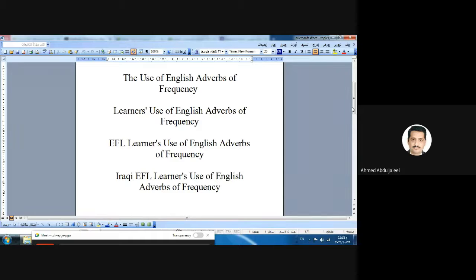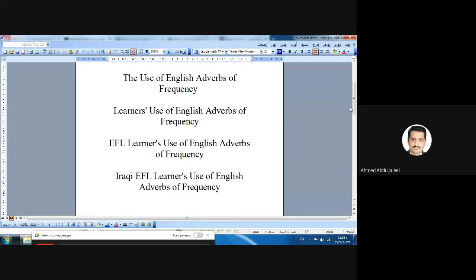But here, the question: can we limit more? No. If we limit more, it will not be a research, because the research needs to have certain information about the topic. Here we can divide the topic into keywords.